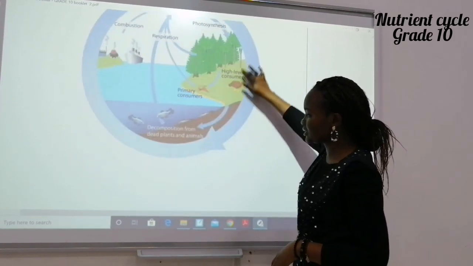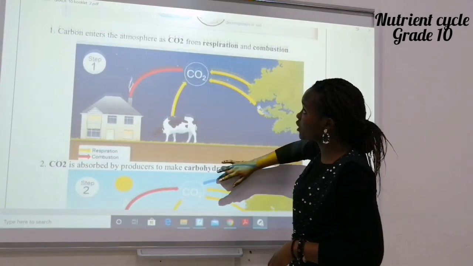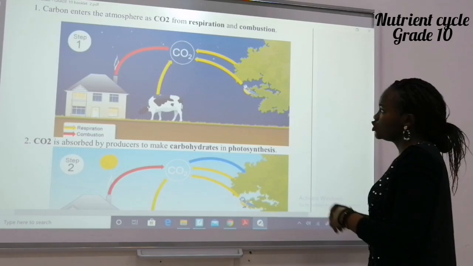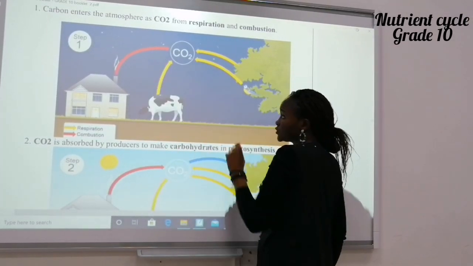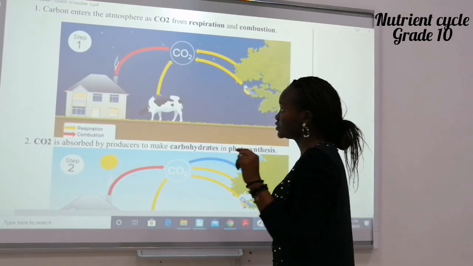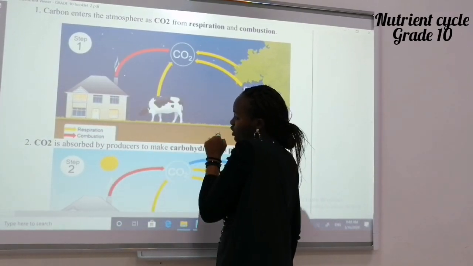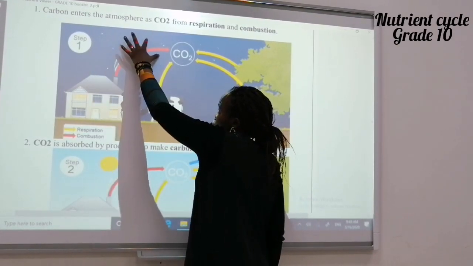Let's go to the first step of the carbon cycle. Look at this diagram. You will see 2 arrows in 2 different colors, the red and the yellow. The red represents a process called combustion.